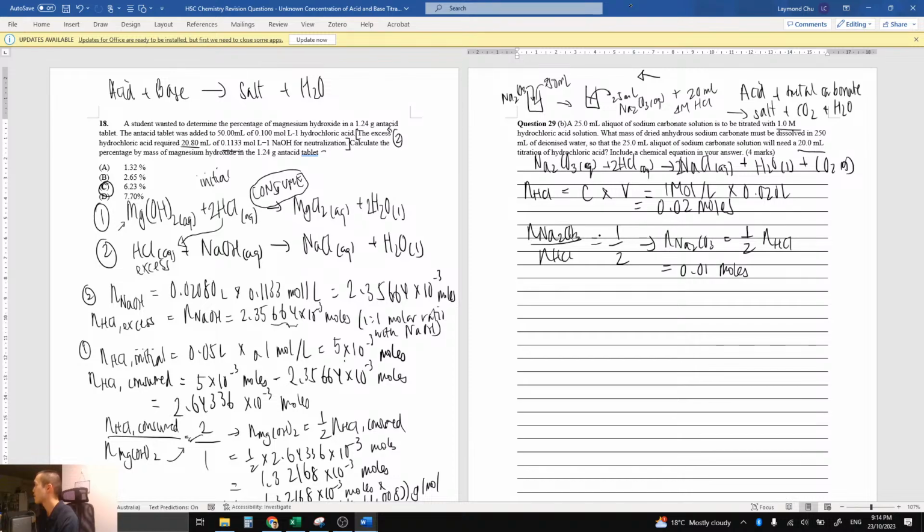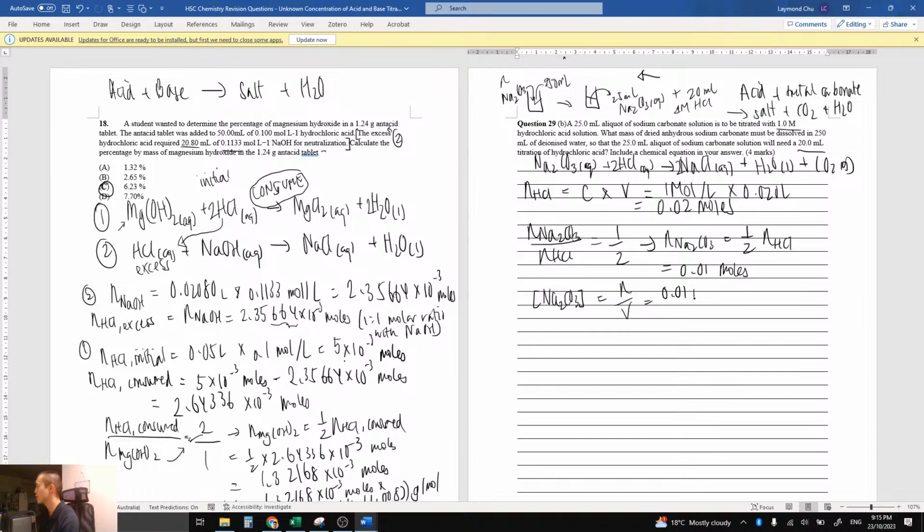Cool. So we've got the moles of our Na2CO3 and we need a concentration. The reason we need a concentration is because we need to know how many moles of Na2CO3 are required to be dissolved in the 250 mL. So we need to find the concentration of this first, and that'll be the concentration of the stock solution. You can denote the concentration by square brackets around whatever's inside, moles over volume.